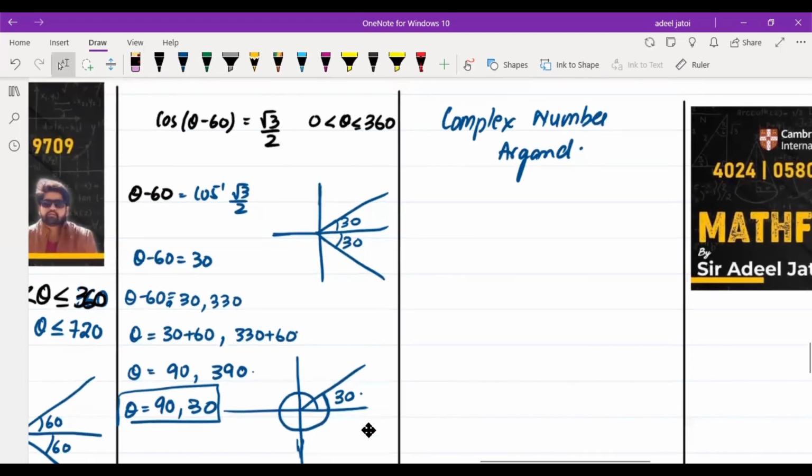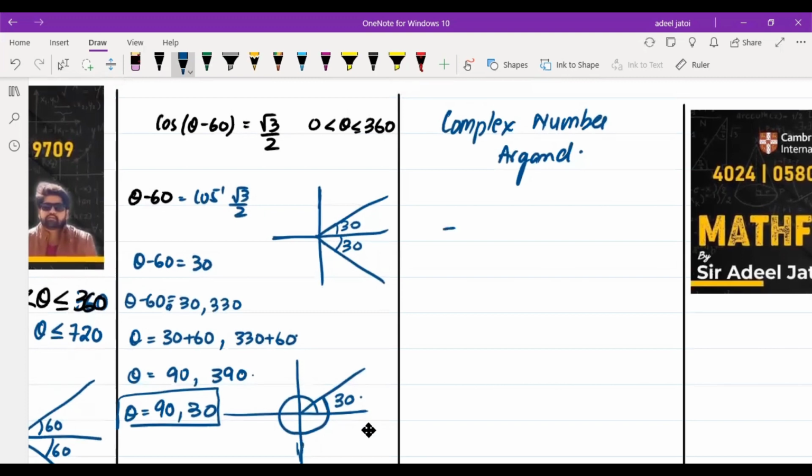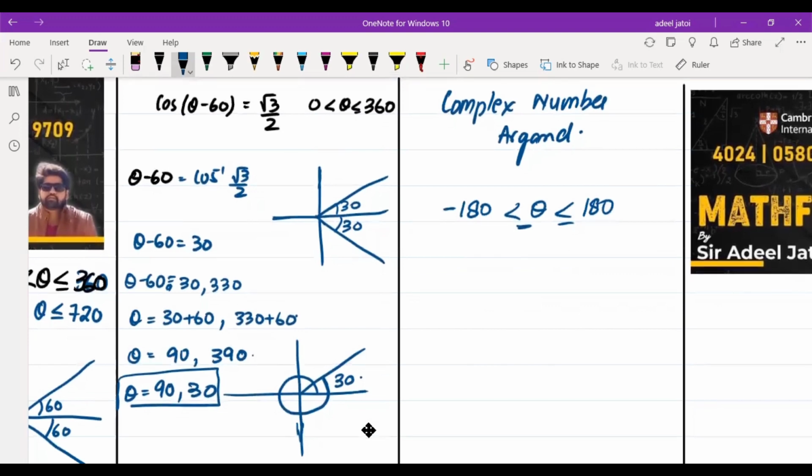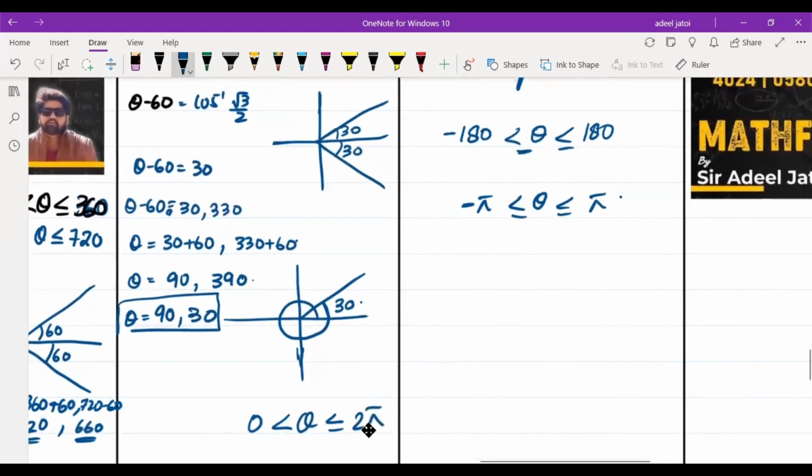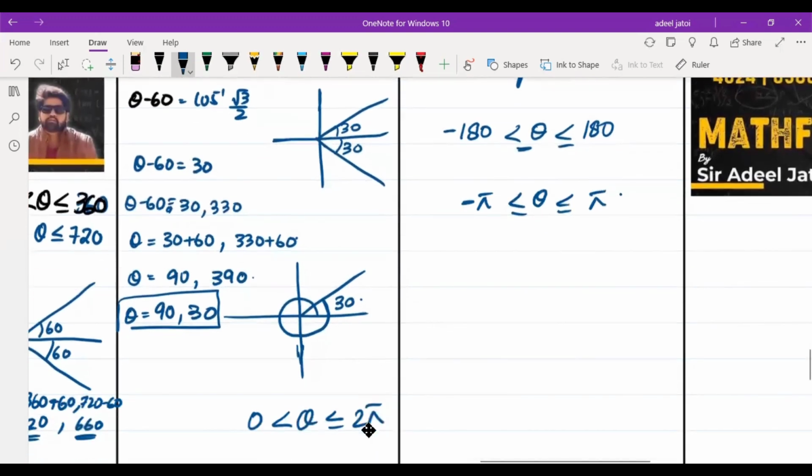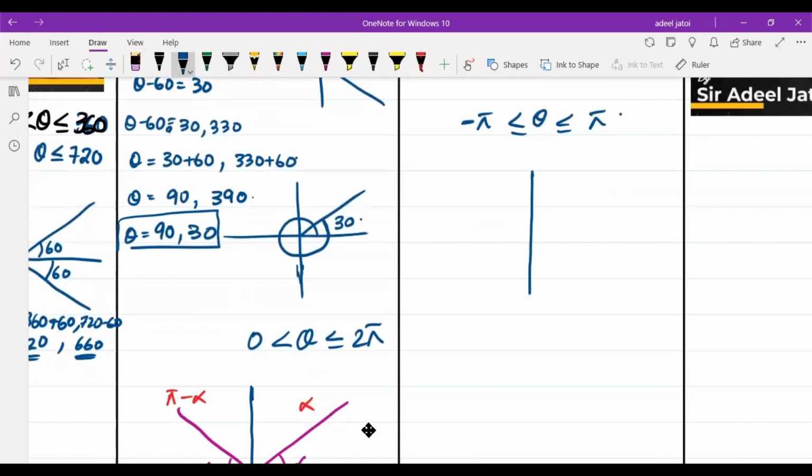In the complex number Argand diagram, you should be well aware that theta is from negative 180 to 180 degrees. That means it is from negative pi to positive pi. When it is from negative pi to positive pi, two-way answers will be taken into consideration.